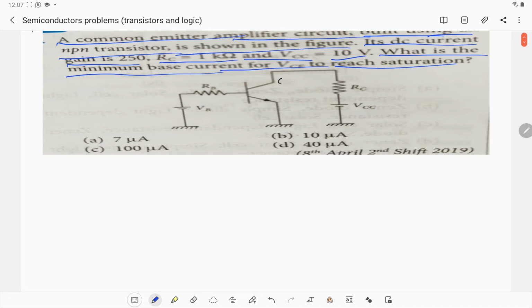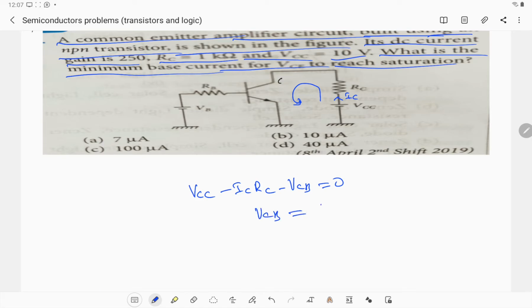So here is the circuit. In this circuit, I am applying Kirchhoff's voltage law. Here it is VCC, here is the current IC. This becomes minus ICRC, and here is minus VCB equal to 0.